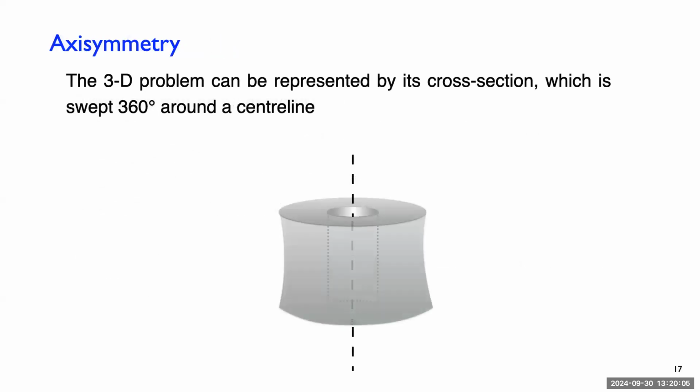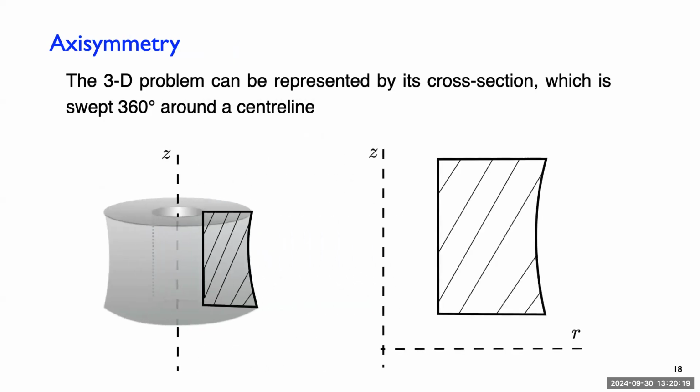So what is axisymmetry, or axisymmetric? That's where you have a 3D problem, but it can be represented by its cross section about some axis. If you have a pipe, and you take a cross section through the walls, and you know what's happening on that cross section, then you know what's happening everywhere. You're basically saying the solution is the same on any slice.